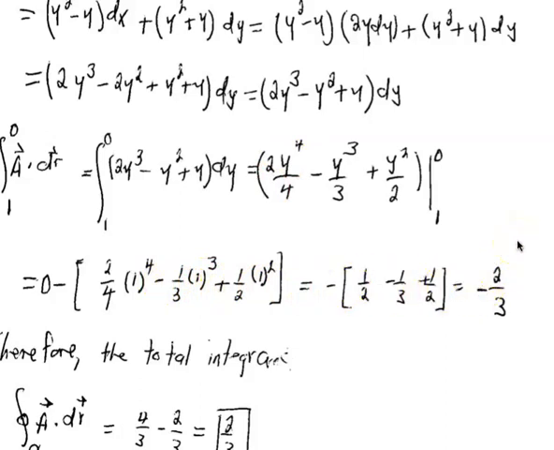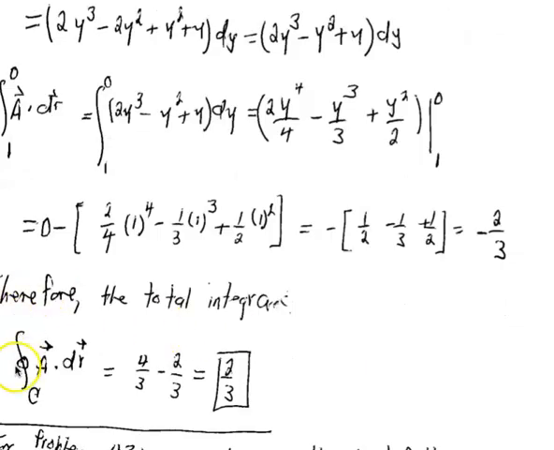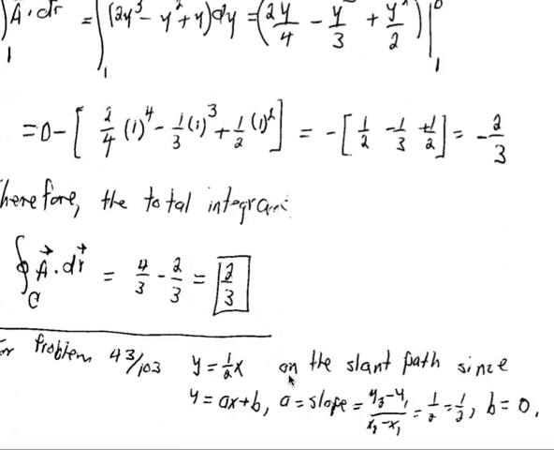So we get then that the result of the closed path integral along the second part of the path is a negative 2/3. Then the total integral, represented here along path C, and it's a closed path. I haven't put this circle on the integral symbol. It's 4/3 minus 2/3, which equals 2/3. That's what I wanted to share with you there.